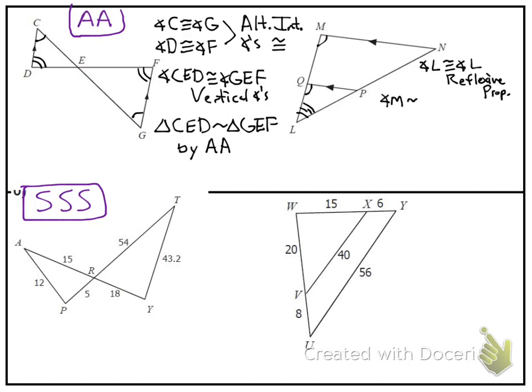So that would be angle M is congruent to angle, got to use 3 letters, PQL, as well as angle N is congruent to angle QPL. And again, both of these are because they're corresponding angles, and corresponding angles are congruent.